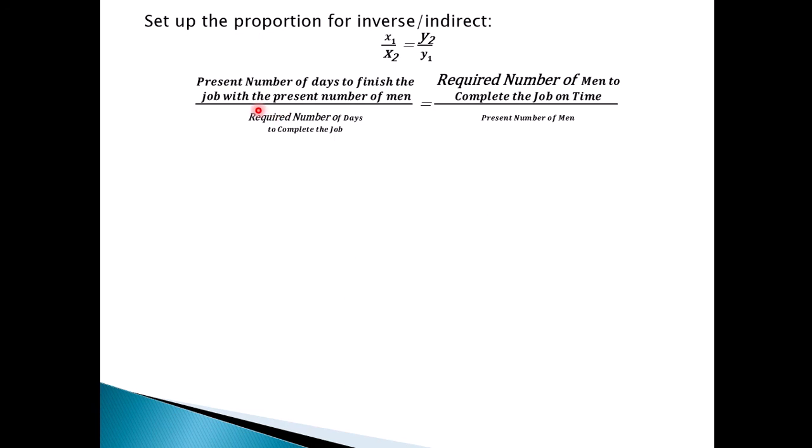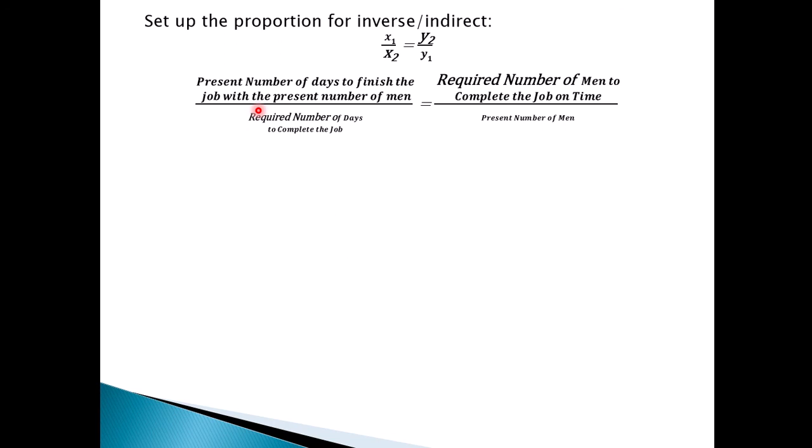Present number of days to finish the job with the present number of men, which is the present one, 60, and then required number of days to complete the job. After that, it's going to be equal to number of men to complete the job on time over the present number of men. So be careful with that.